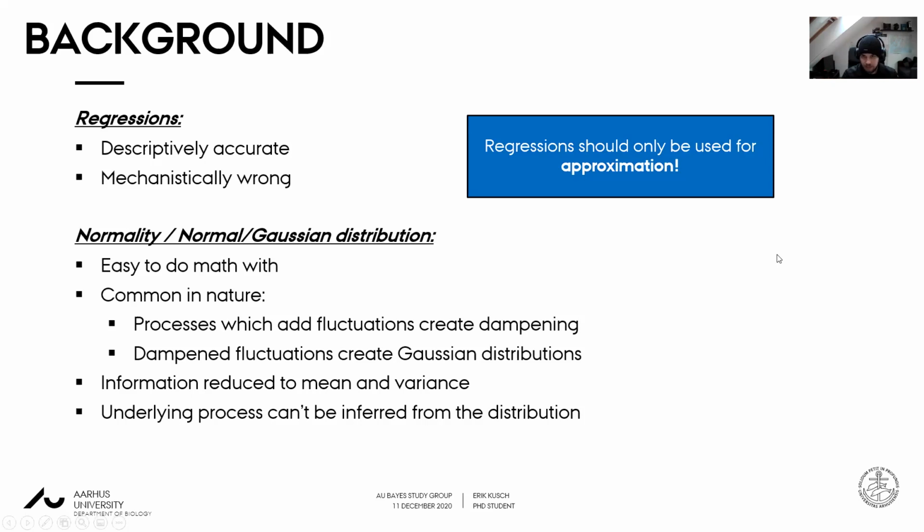However, important to point out here again, once we have these Gaussian distributions, which we explain just by their mean and their standard deviation, we lose all information about any potential underlying process. We still know the outcome of underlying processes, but the process itself is lost in this, which brings us back to mechanistically wrong, but descriptively accurate.